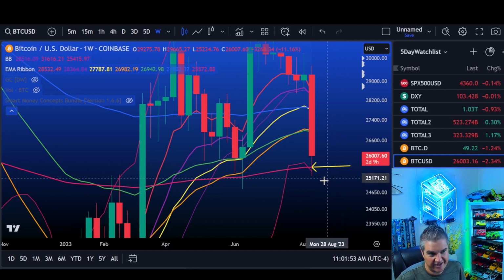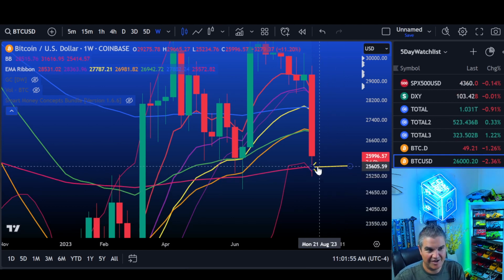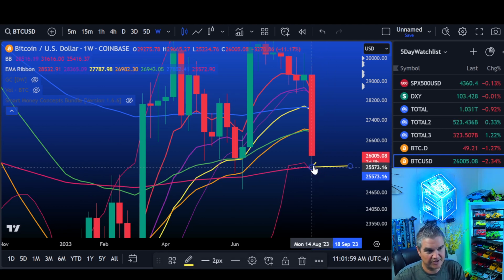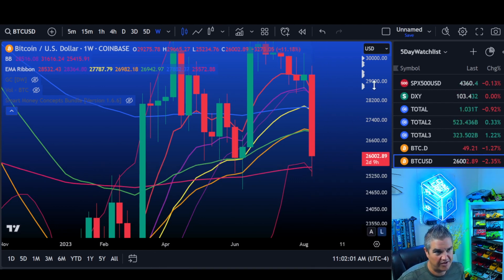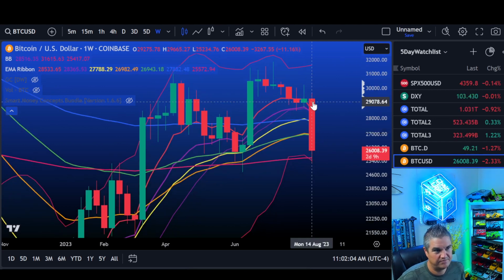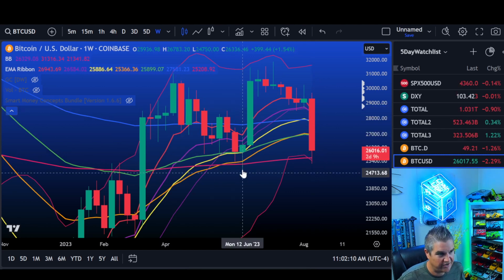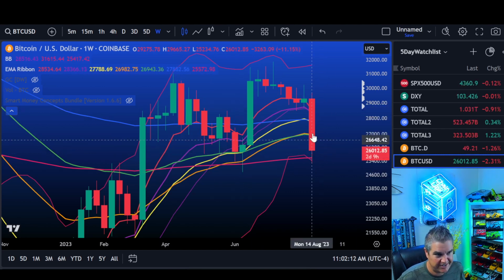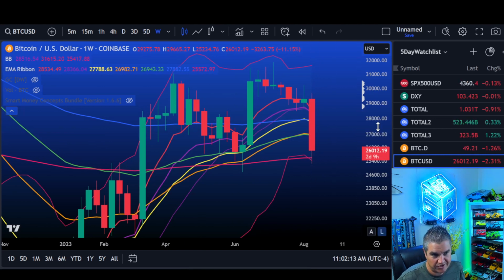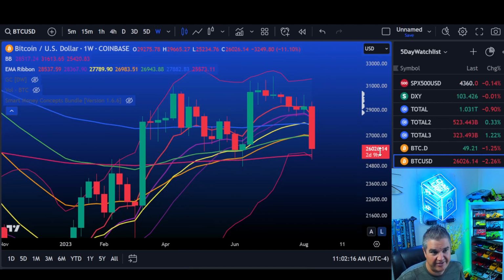If we close below that, there's a more than significant case to be made that the bears are coming back. Otherwise, still nothing out of the ordinary. This is absolutely expected. It's what we've seen back here. Look at the low wick and then recovery. We just need to see a recovery going into weekly close. So we'll have our answer in 2.5 days. We'll be watching this over the weekend even.